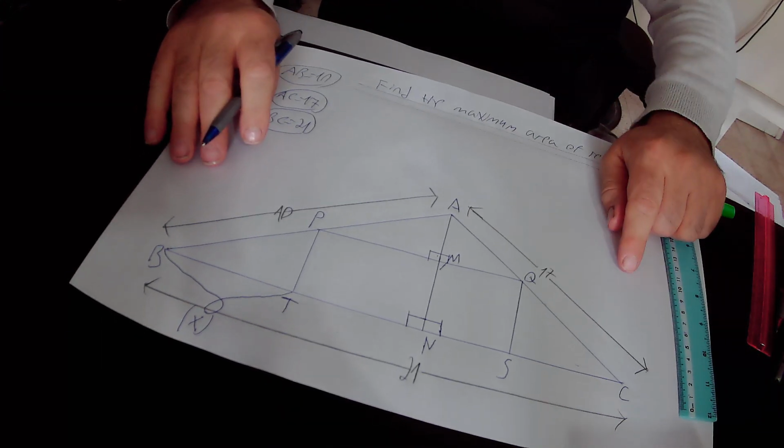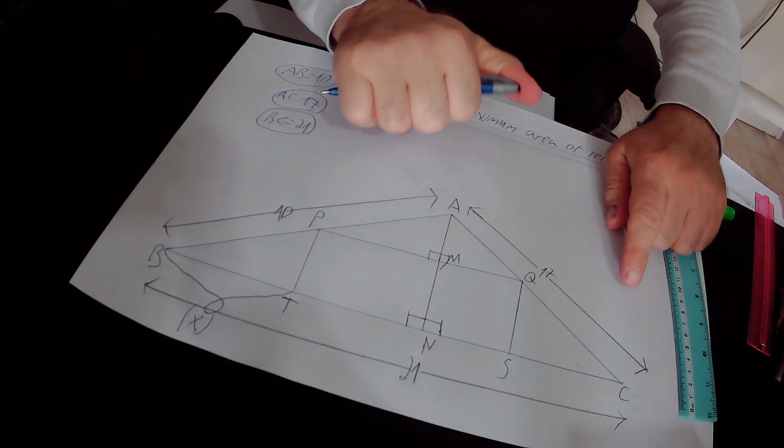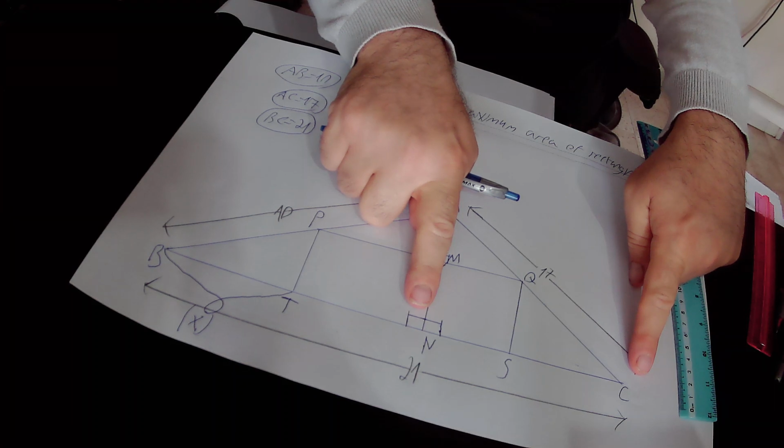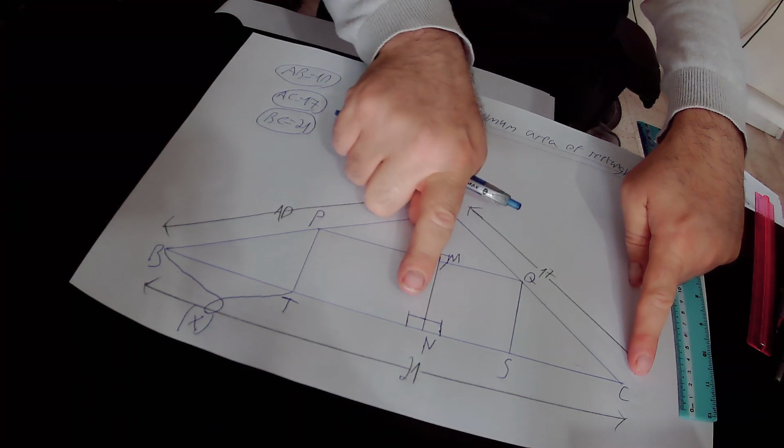So what is the length of this line segment NC? It is very easy to see that NC equals BC minus BT.